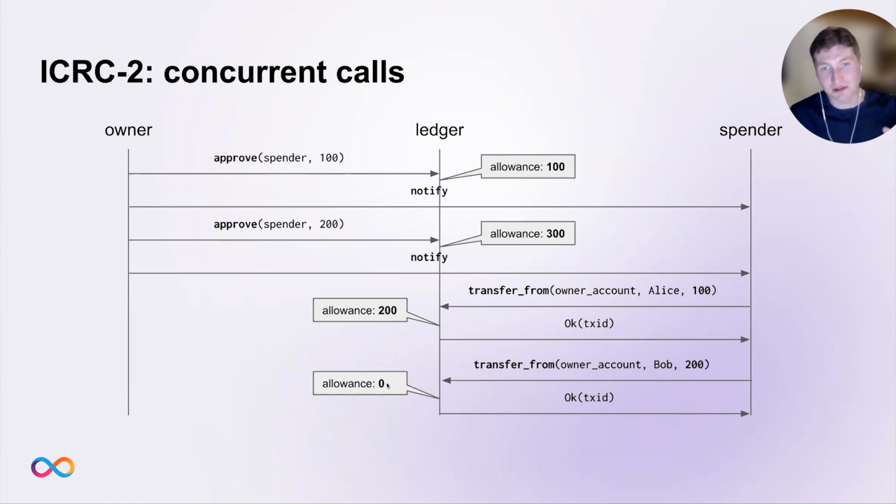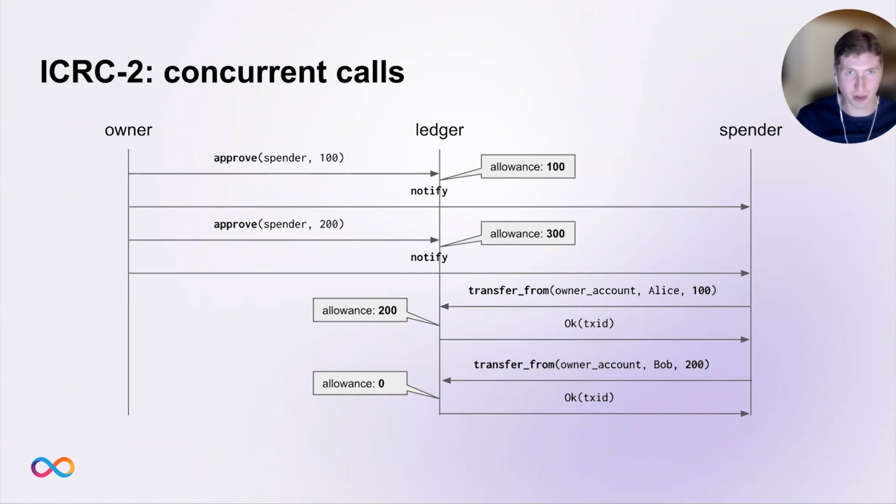And then we set the allowance to 0 and everything checks out. So no matter how many approvals and transfers you have in flight, as long as every transfer corresponds to a previous approval, they will all succeed, no matter what the ordering between those groups is.